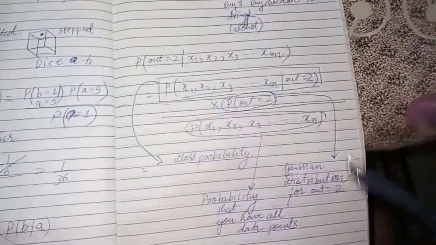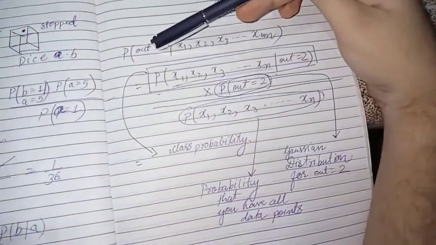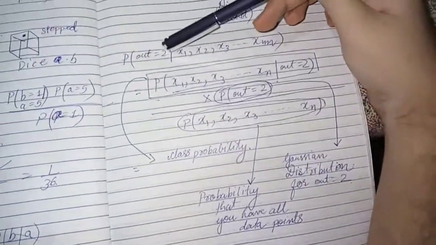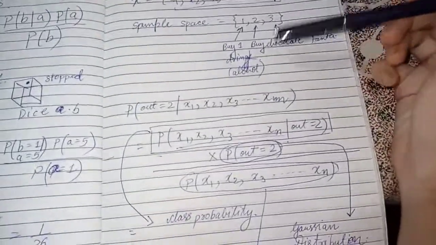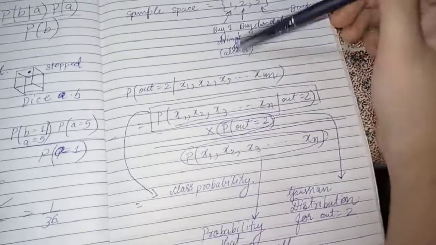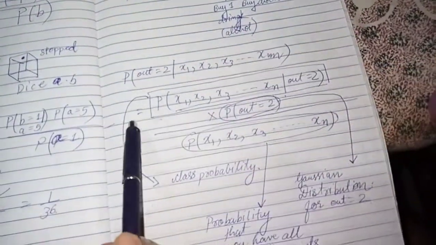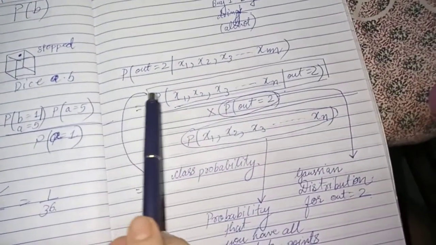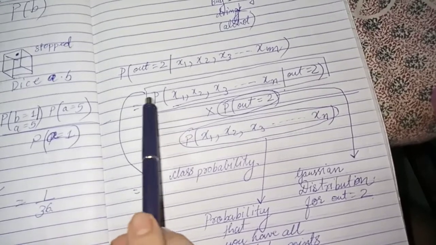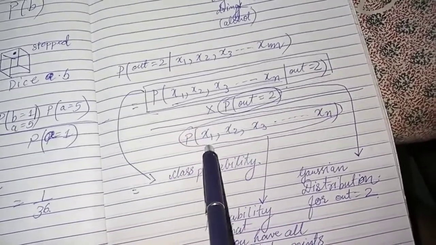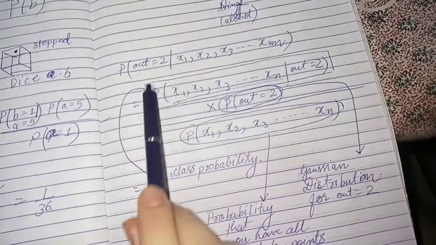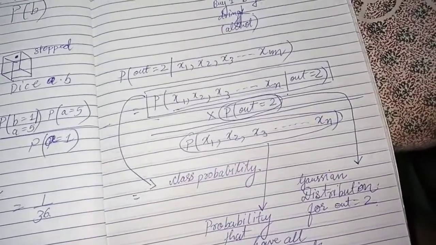So if you want to compute the probability that the outcome will be 2, that is the person has bought a chocolate, and you are given these many parameters, here we will be making use of the Bayes theorem, where this thing is the class probability.